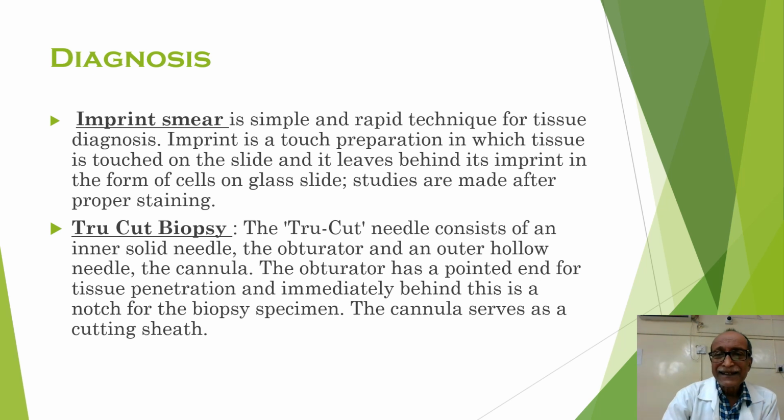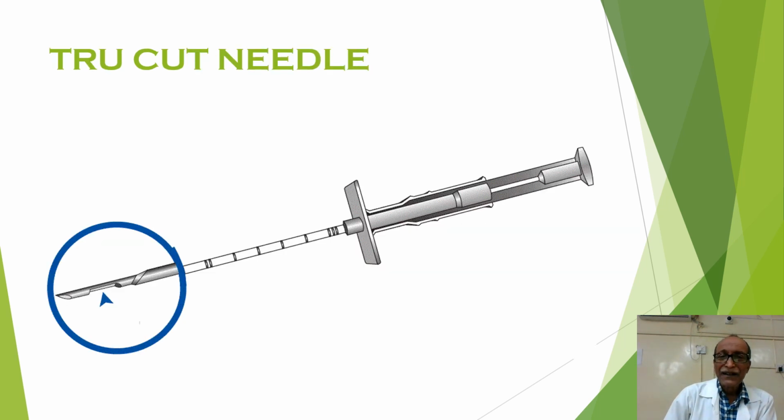See this next slide. Not much different from the hypodermic syringe. There is one plunger and one outer shell which goes into the tumor, and similarly by pushing the plunger you take out tissue and put it in a formalin or normal saline bottle and send it to the laboratory.